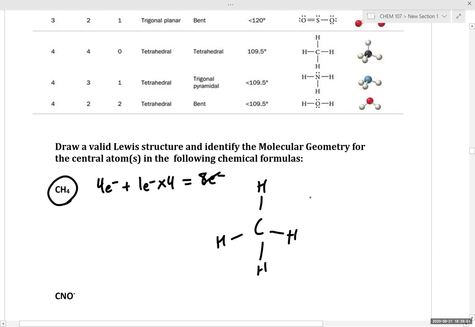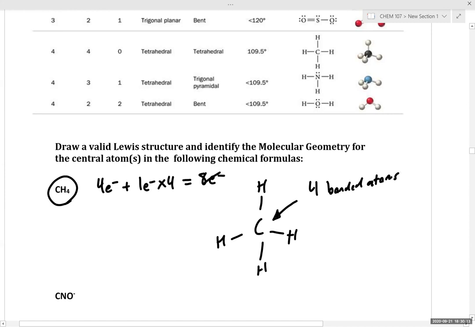Looking at my central atom, remember, geometry is determined for each atom individually, each central atom more specifically. So looking at this carbon, we see it has 4 bonded atoms. So not just bonds, but bonded atoms.